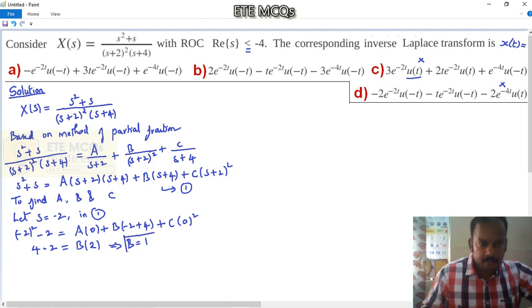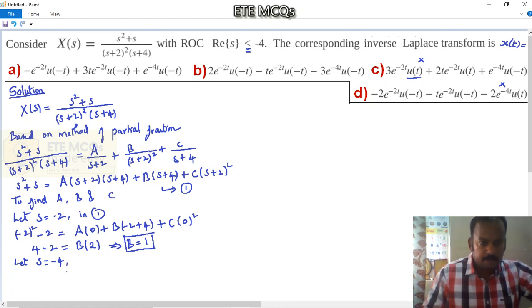So B is equal to 1 is the first arbitrary constant we have identified. Next, let s is equal to minus 4. Again, in 1, you just substitute it.